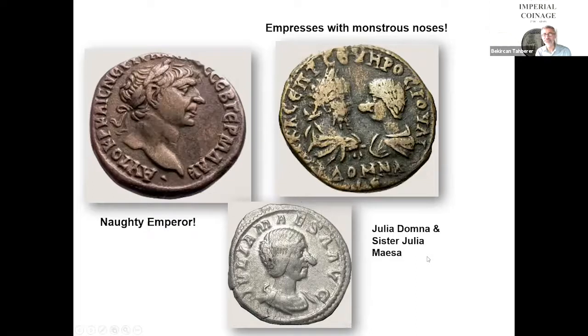Of course, this is tongue-in-cheek. These all happened as a result of die breaks. I'm sure Julia Domna and her sister Julia Maesa didn't have monstrous noses, and what is interesting is the way they engraved Trajan's mouth.